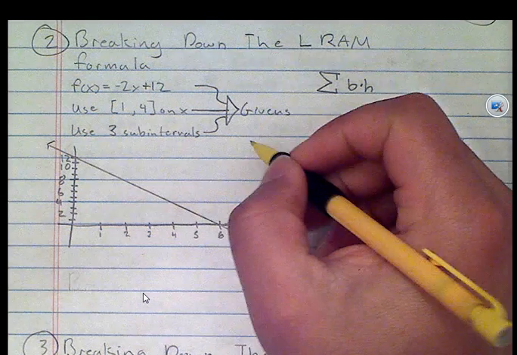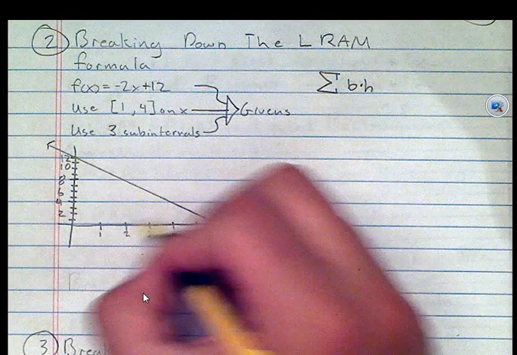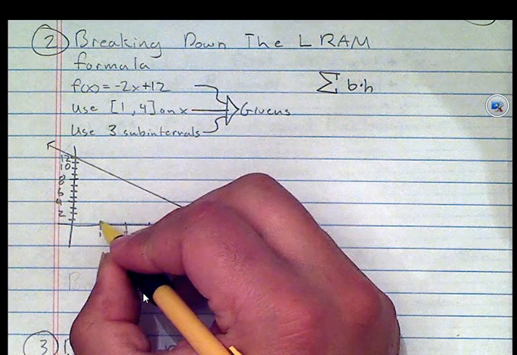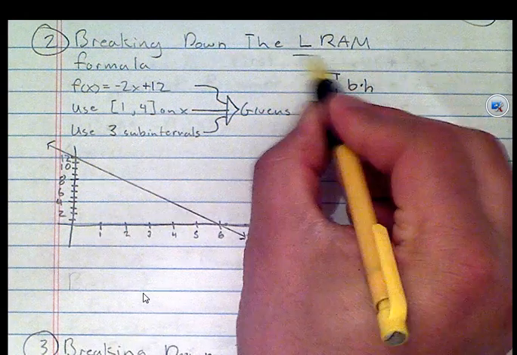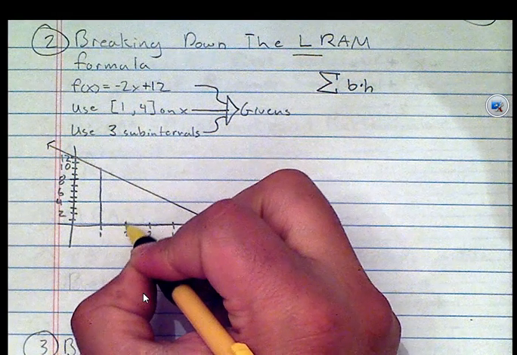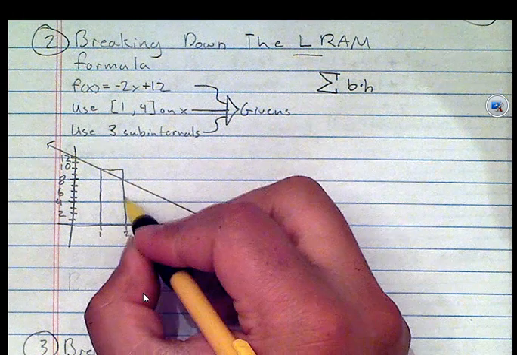Let's do it the easy way first. On 1, 4 on x, so we're going 1 to 4. So we got 3 rectangles, but now it's a LRAM. So our rectangles will come up here, here. And now we're going way too high.